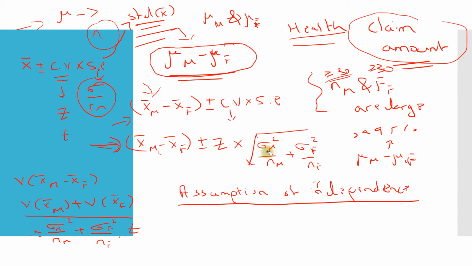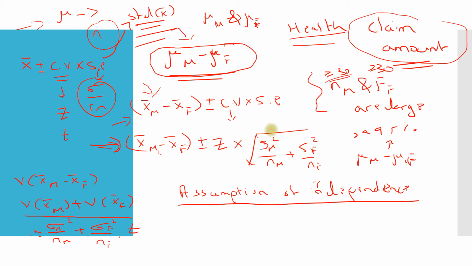If they are unknown, obviously you won't be able to apply this formula, but you will have to apply the estimates of sigma, which are s squared m and s squared f.